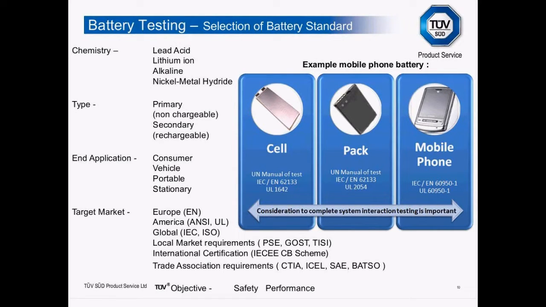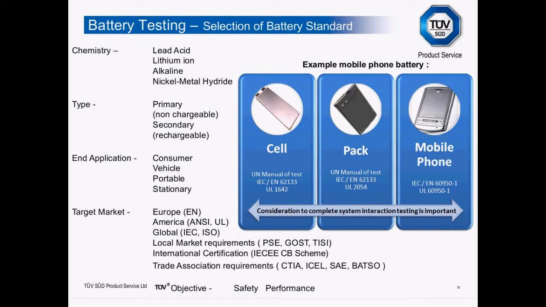Also, end application makes a difference as well. So if you have a lithium-ion cell that's used in a portable consumer product, again, IEC 62133 would be applicable. But if you were going to use a lithium-ion cell in an electric vehicle, an appropriate standard to consider would be IEC 62660.